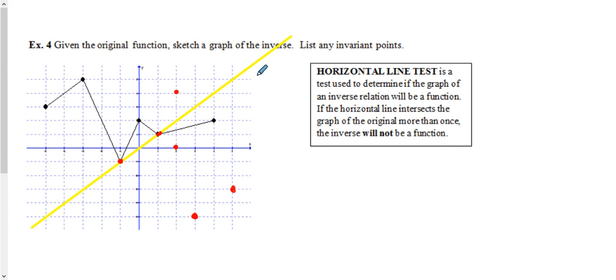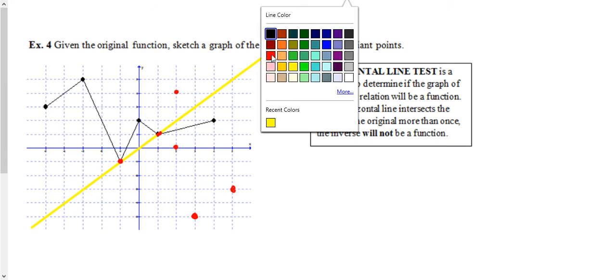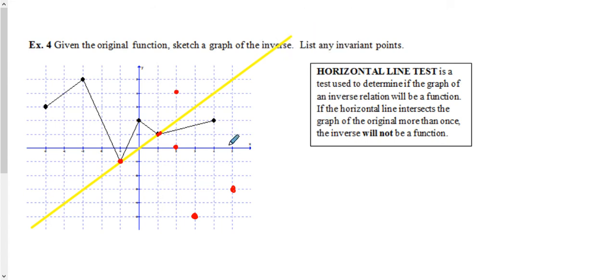And all I do now is I'm going to try my best to connect my lines. Let's do it in a different color so that we can kind of see. And there we have it. That's our new inverse function.